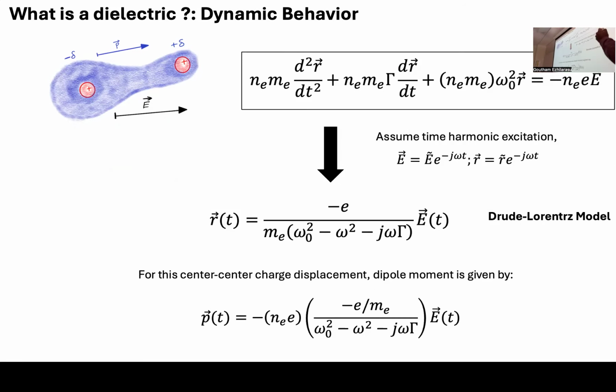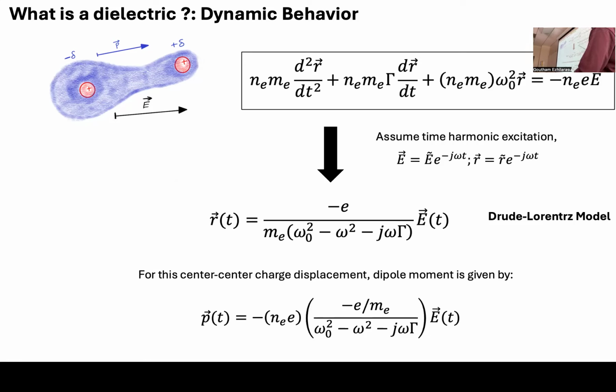In any kind of mathematical analysis like this, if you look at this as a linear equation, it obeys superposition, so you can do a Fourier analysis. You can consider that the applied electric field is time harmonic, so sinusoidal, and then see what the displacement response is, which is also sinusoidal.